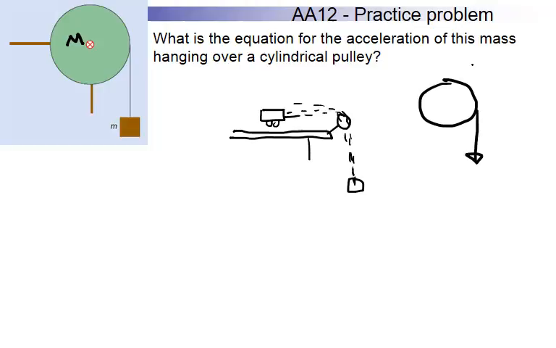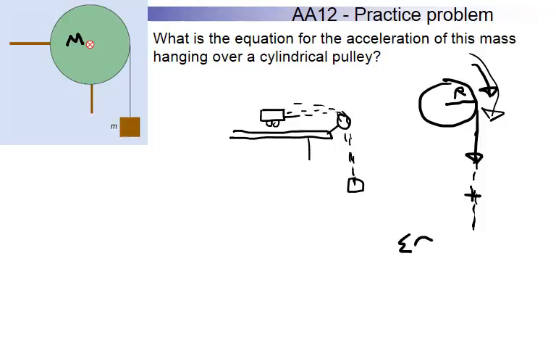Now, what's going to happen is this is going to make it rotate. Now, there's a radius here, r, that's going to make this spin. And what we want to do is set up the signs. Let's make this positive towards the downside. It's going to make it rotate this way. Even though it's clockwise, we're going to call this all positive here.